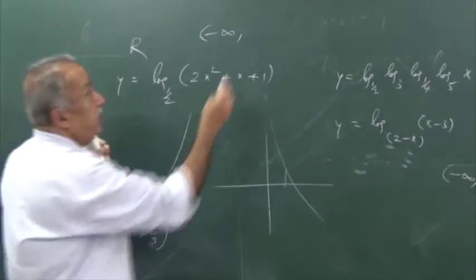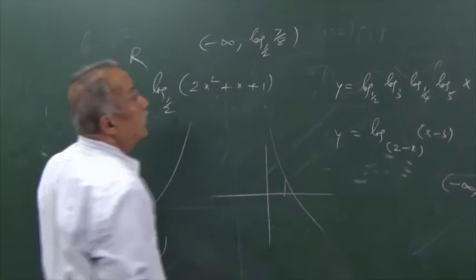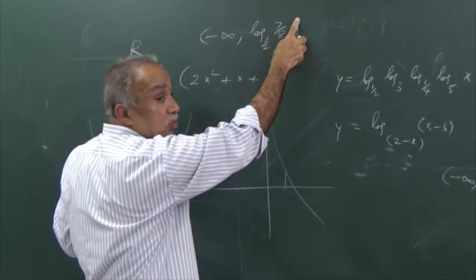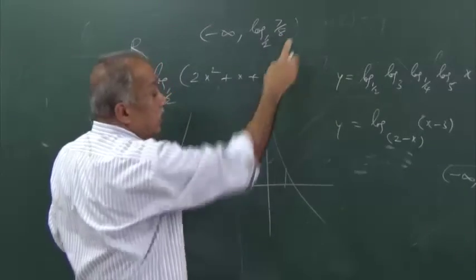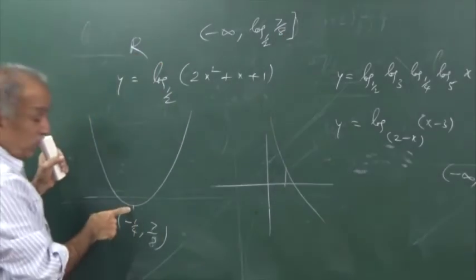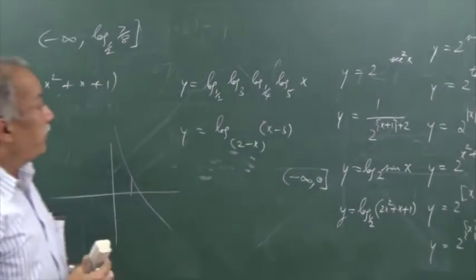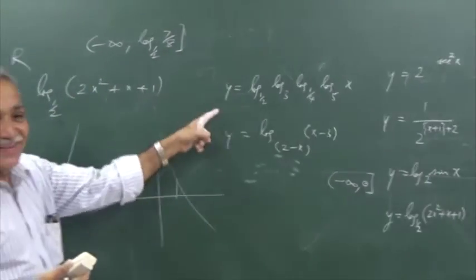Log of 7 by 8 to the base half. Is the interval closed? Is this point reachable? Yes. Okay. Next.